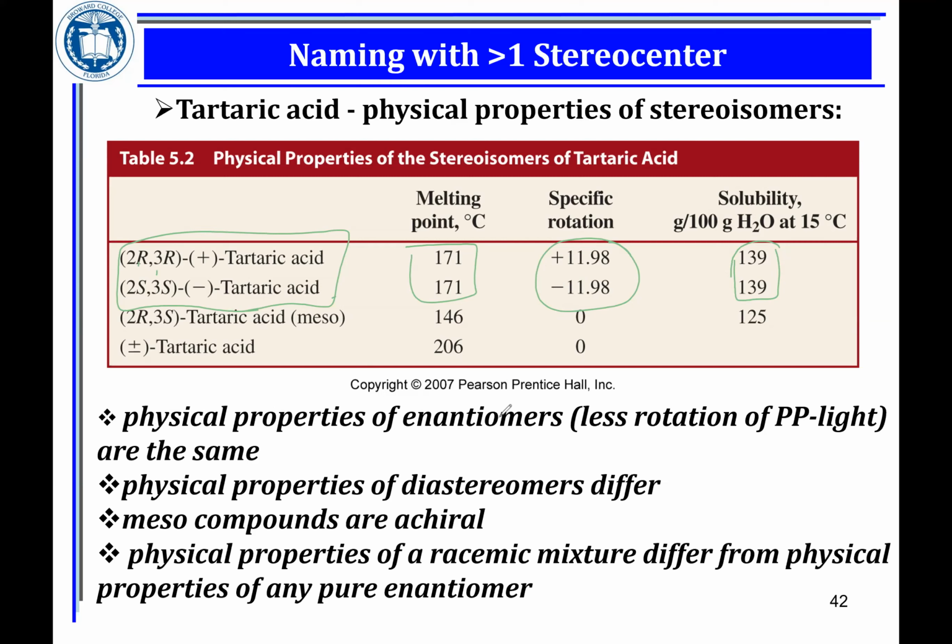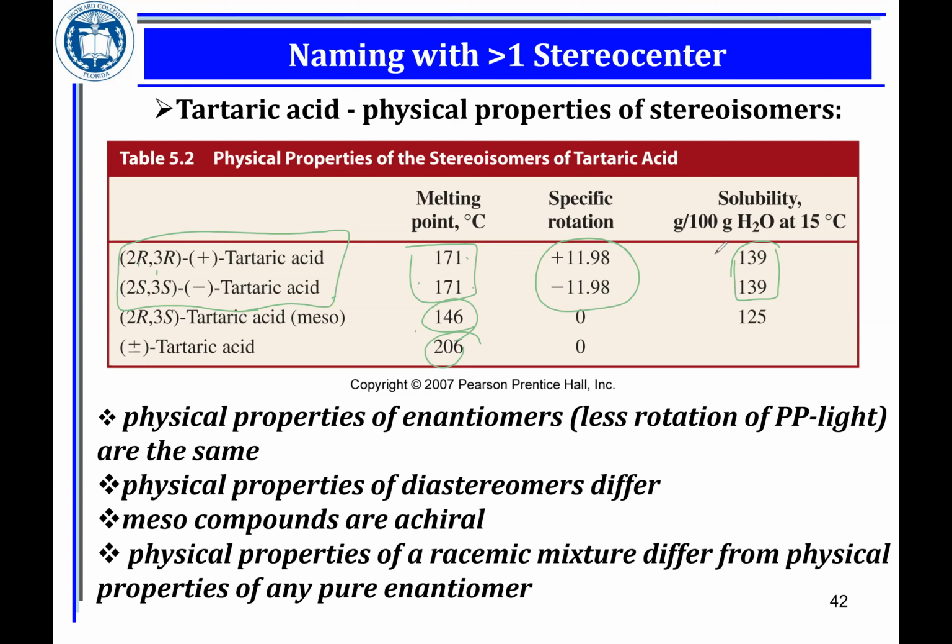And for diastereomers, they have different physical properties. So to separate a pair of enantiomers, I don't know how many of you have lab, your experiment 7 at Central Campus is resolution or separation of a pair of enantiomers. First, you have to change them to a pair of diastereomers, and then you can separate them, because diastereomers have different physical properties.